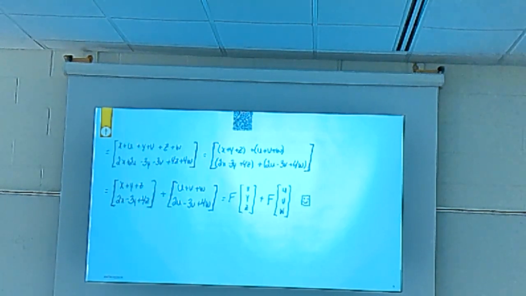Let's not be mathematical. First property shown. That makes me happy. It's finally a smiley face.